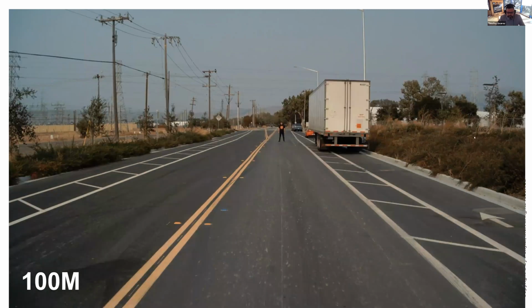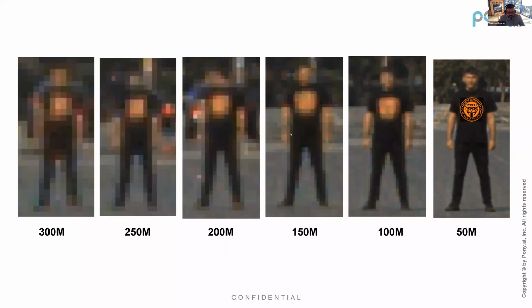And we upscaled the pedestrian, and you can see how he's represented at different distances. It's hard for me to say where I can confidently say it's a pedestrian, but I would say 100 meters, I'm quite confident. But some other person can say it's 200.